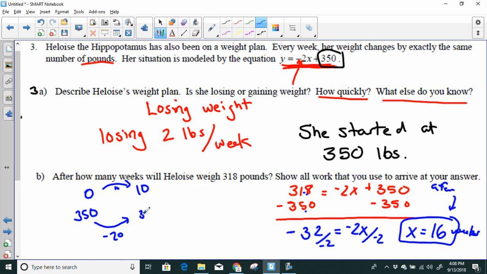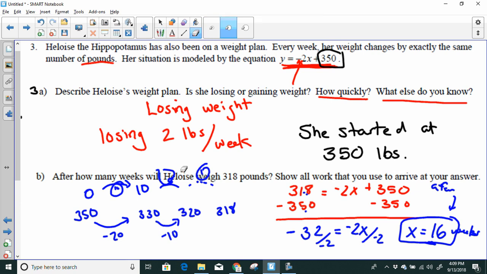So she's down to 330. We could go another 5 weeks. After 5 weeks at 2 pounds a week, she'd lose another 10 pounds, so she'd get 320. And so if we go one more week should be 318. So it's then 10, 5, and 1, so 16 weeks. That's another way to do it.